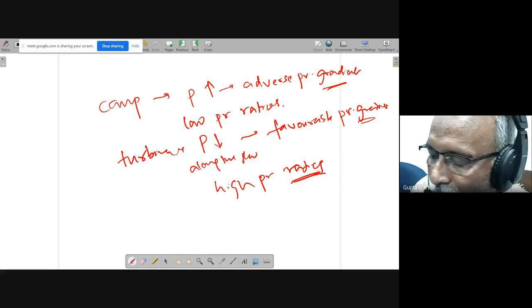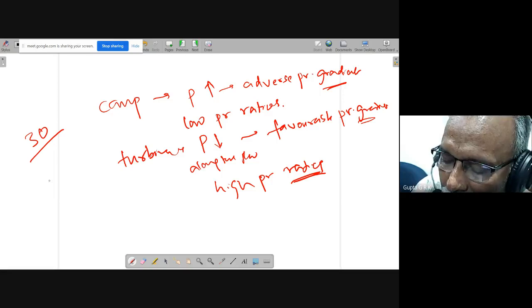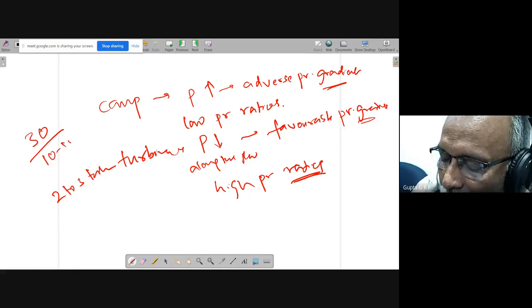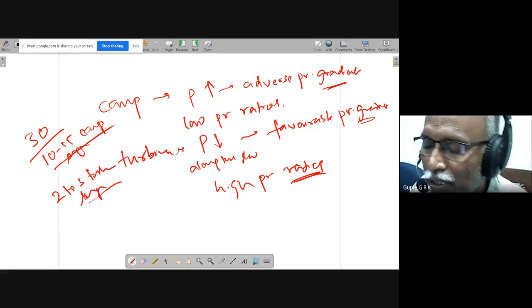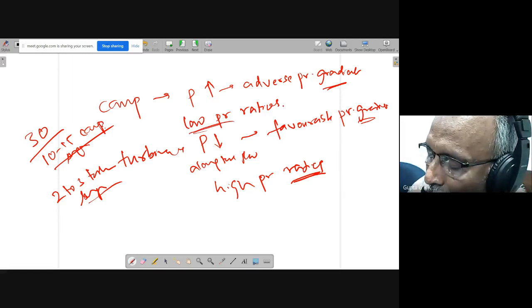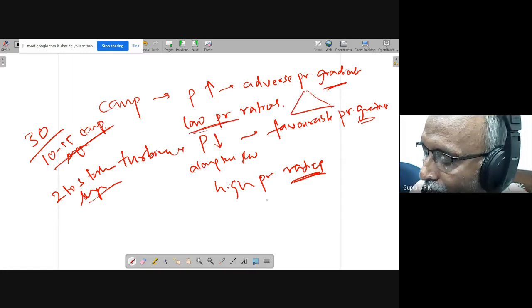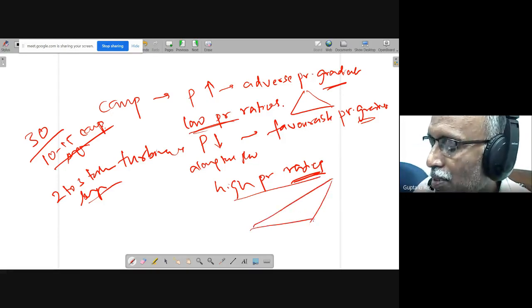Like in gas turbines, if I have a pressure ratio of 30, I can achieve it in maybe 2 to 3 turbine stages, but compressors may need some 10 to 15 stages. Because of this low pressure ratio, I will have acute triangles for the velocity triangles. And here, because of high pressure ratios, I will have obtuse triangles like this.